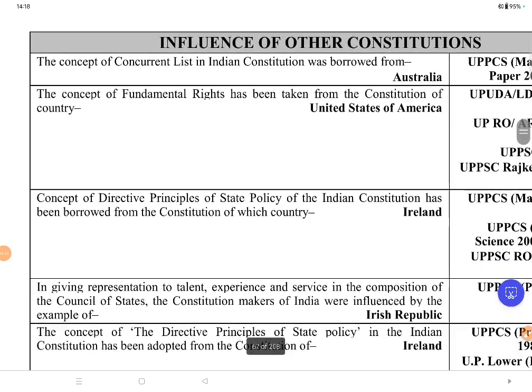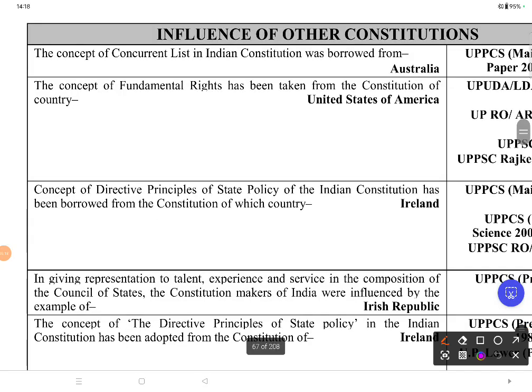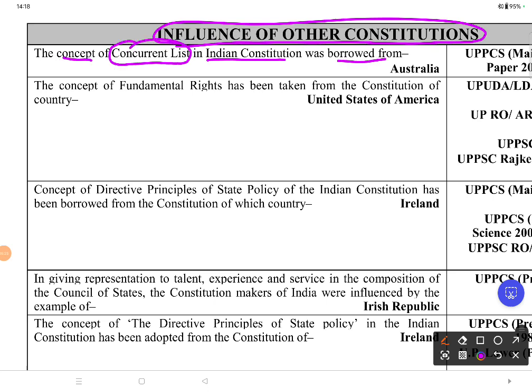Move on to the next chapter, that is influence of other constitutions. The concept of concurrent list in Indian Constitution was borrowed from Australia. The concept of fundamental rights has been taken from the Constitution of the United States of America.